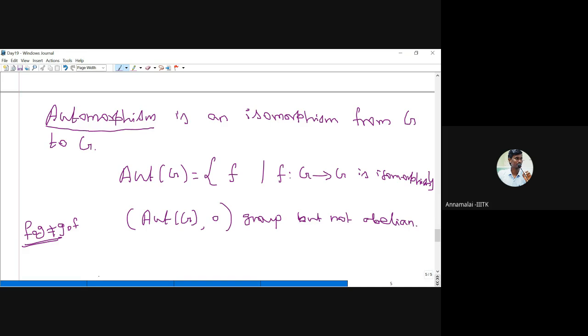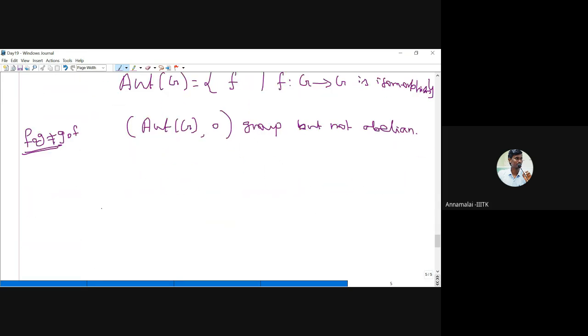Why is this true? Maybe take an example. Why does composition not satisfy the commutative property? If you take f a function from R to R defined by f of x equal to x square, any function, not a homomorphism. Now take another function g from R to R defined by g of x equal to x plus 1.